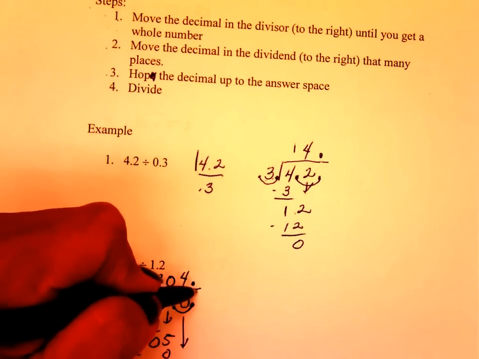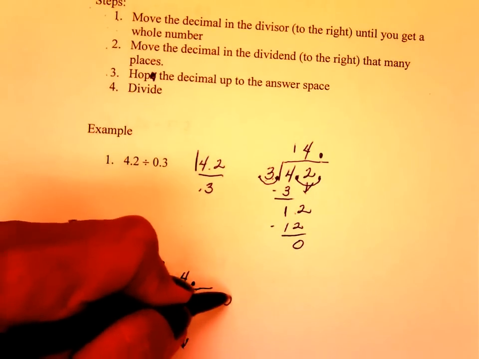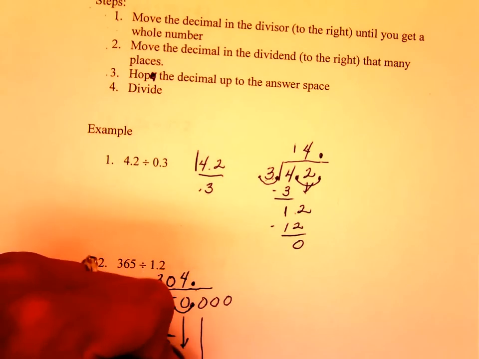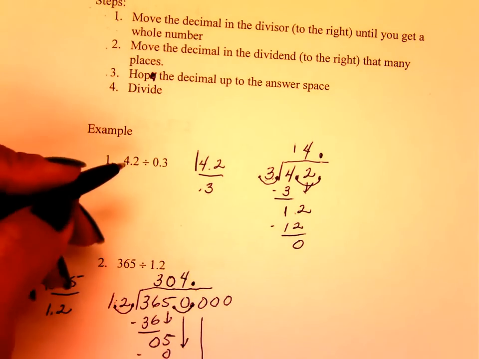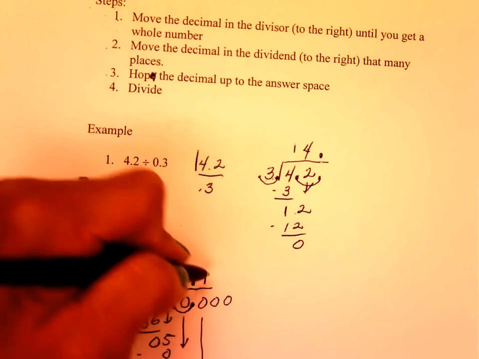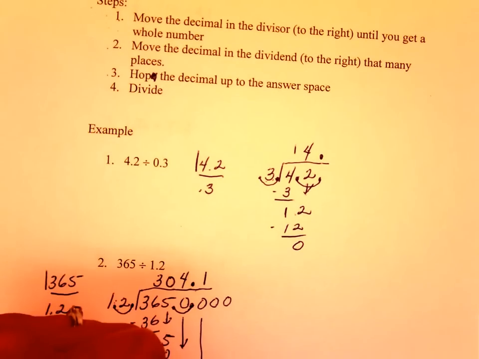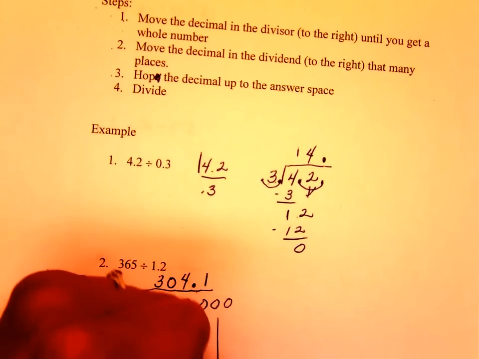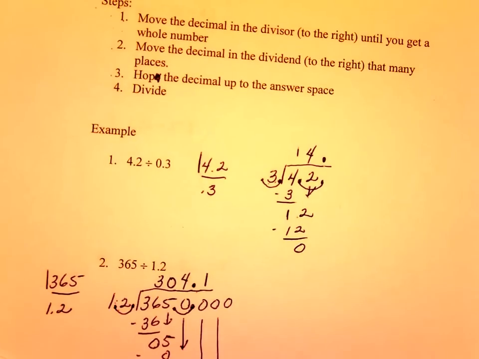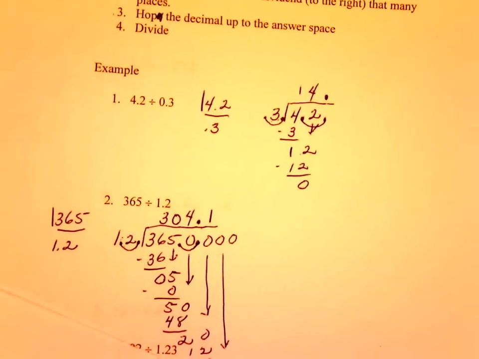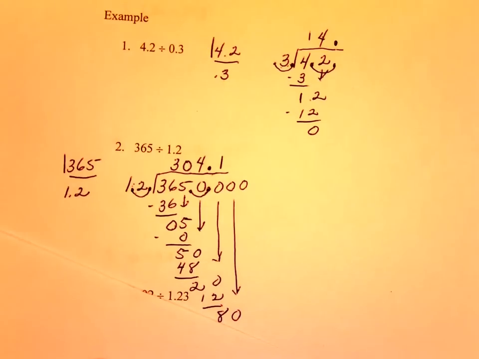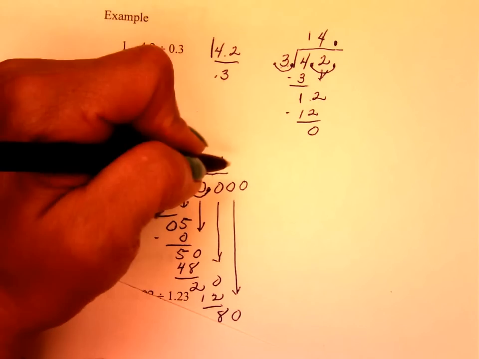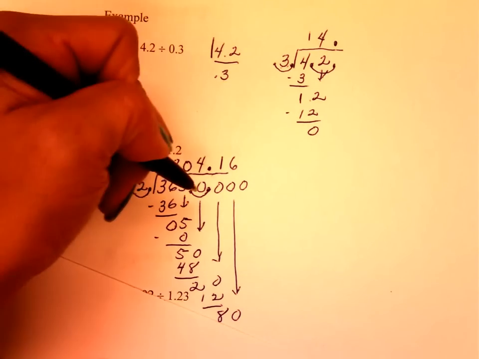Remember, you still can add 3 zeros after the decimal. Bring down the next 0. 12 goes into 20 once, which is 12. Subtract and you get an 8. Bring down the next 0. 12 goes into 80. Oops, sorry, you guys can't see that. 12 goes into 80 6 times, which is 72.